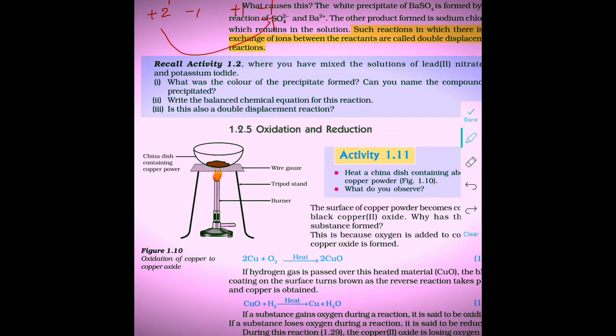Write the balanced chemical equation. So let us check the balancing now. Now we know how many atoms of Pb? 1. NO3 2. K 1. I 1. On the right, Pb 1, I 2, K 1 and NO3 1.